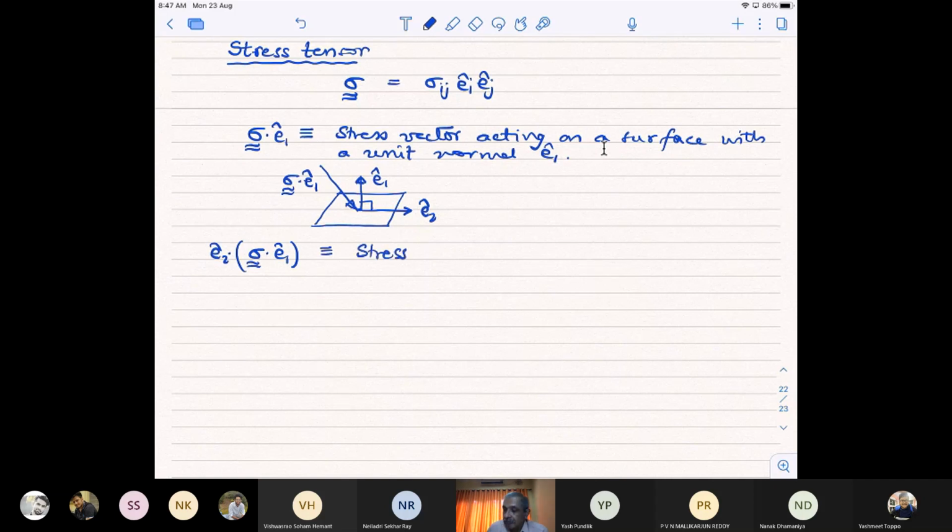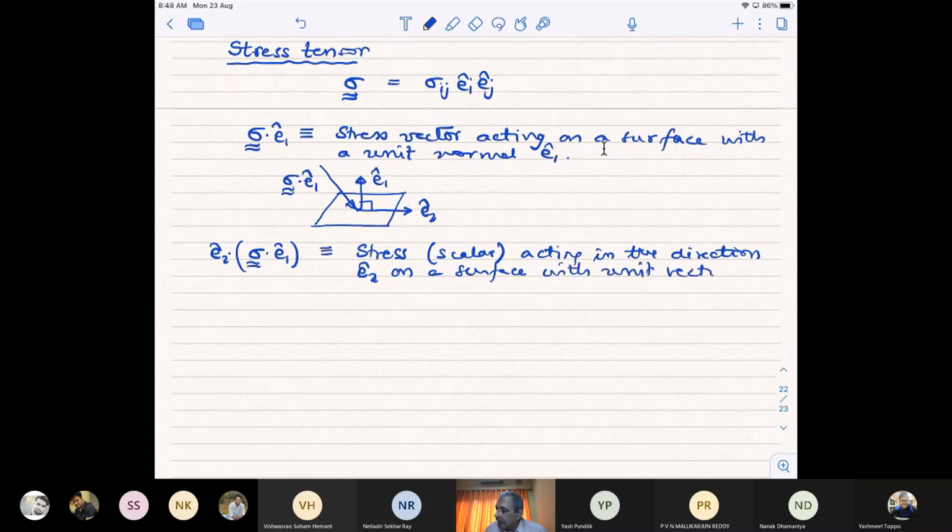Now this is a scalar quantity acting in the direction E2 on a surface with unit vector E1.